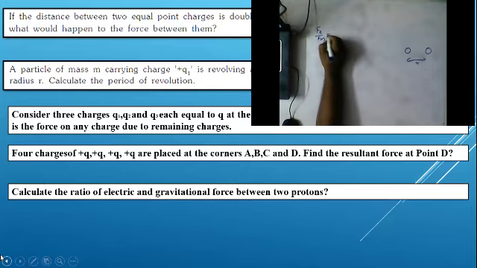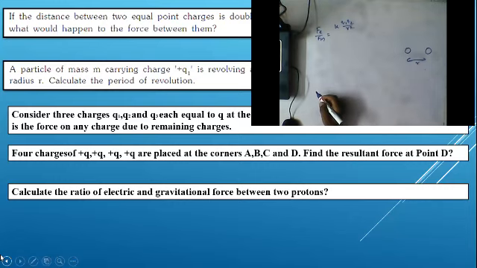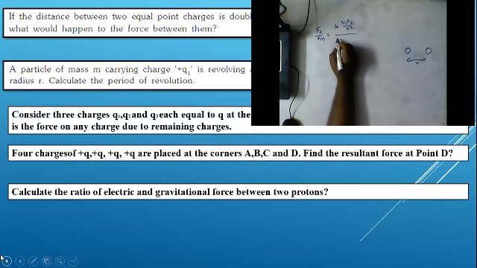So Fe is equal to, we know the formula, K into Q1 Q2 by r square, divided by G into m1 m2 by r square.